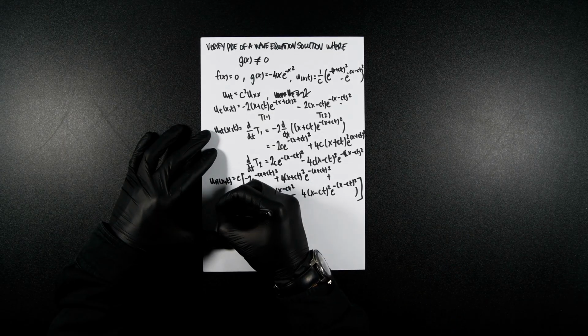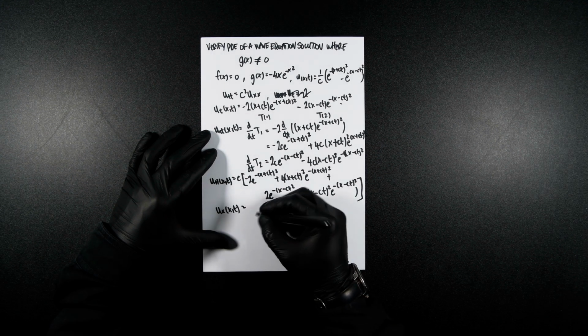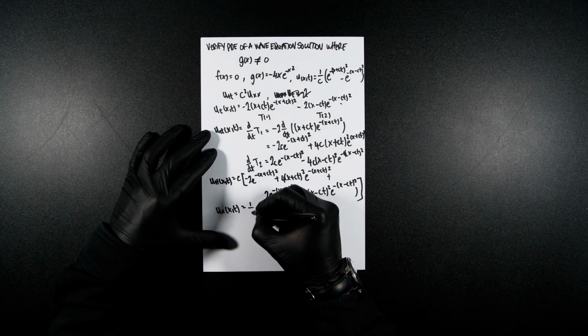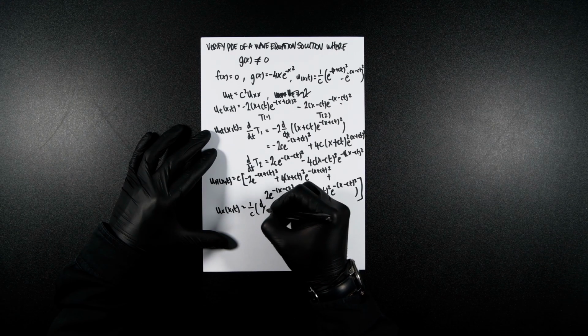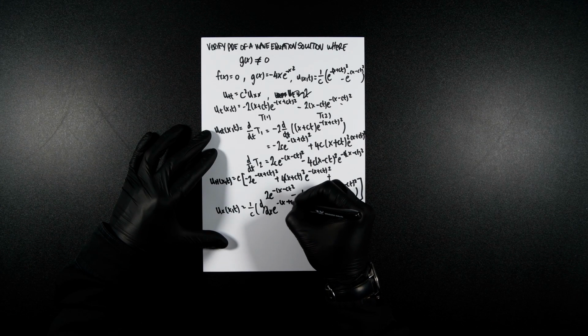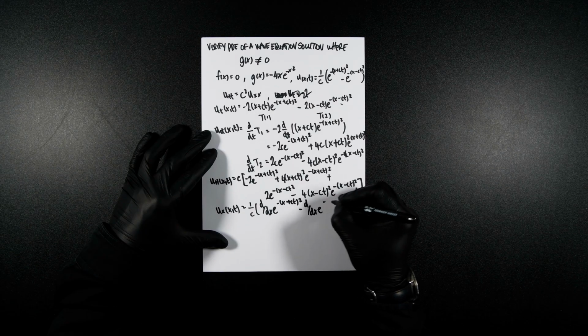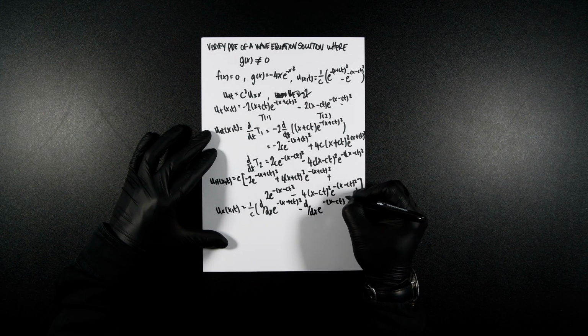Now we want to do the spatial derivatives. So u_x, the spatial derivative, is going to be u_x(x,t) equals 1 over c times d over dx of e to the minus (x plus ct) all squared, minus d over dx of e to the minus (x minus ct) squared.